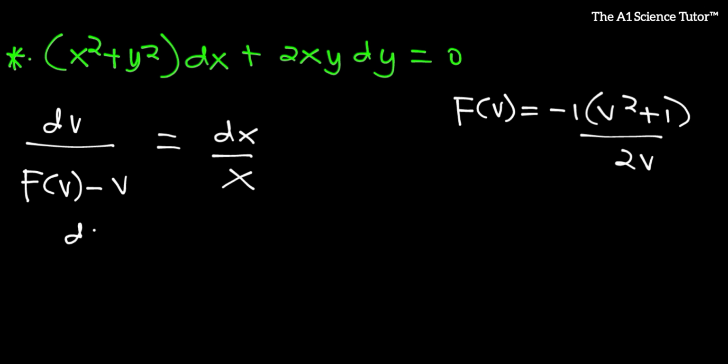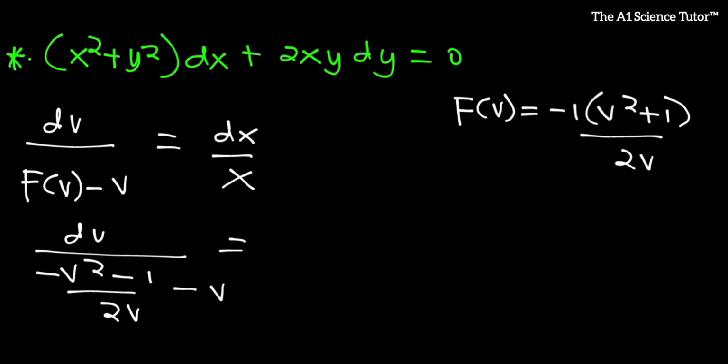This is going to be dv, and we're actually going to have a -1. So I'm just going to use this and expand the bracket. So let us just say we have -v squared minus 1 divided by 2v, and this is minus another v. So we have is equal to dx divided by x.